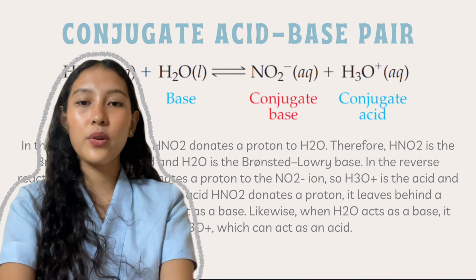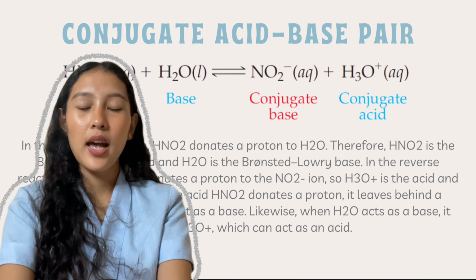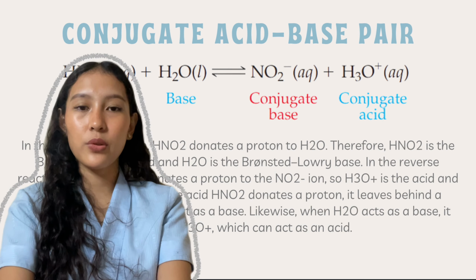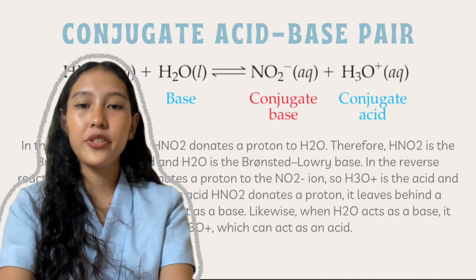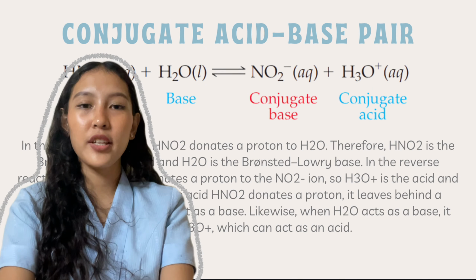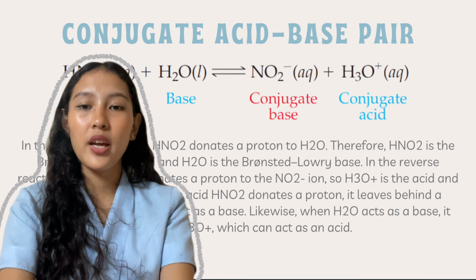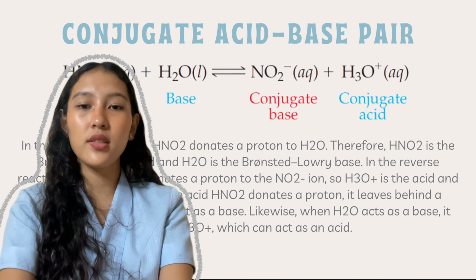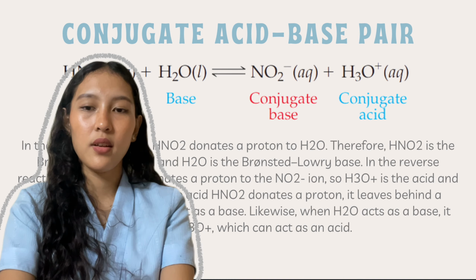Now, let's look at the reverse reaction where we start with hydronium ion, H3O positive, and nitrite ion, NO2 negative. In this case, H3O positive donates a proton to NO2 negative, in which H3O positive is the Bronsted-Lowry acid in this scenario because it donates a proton.